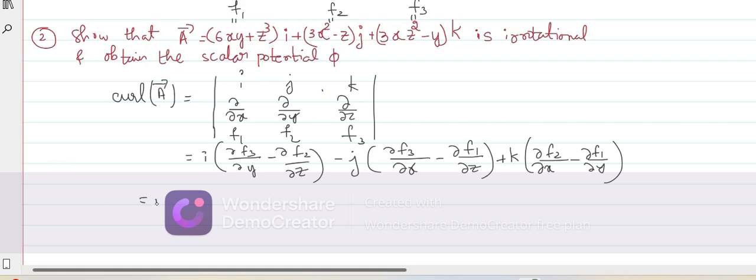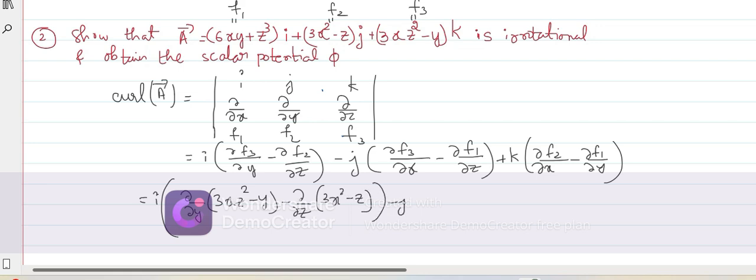So that is equal to i into dou by dou y of, what is f3? F3 is 3xz square minus y, minus dou by dou z of f2. F2 is 3x square minus z.